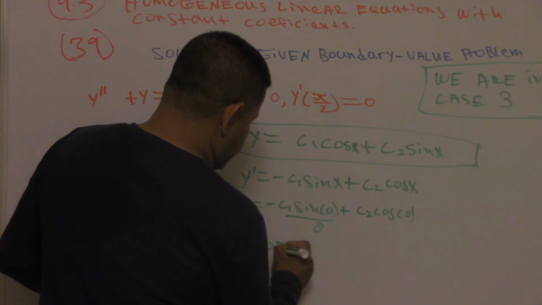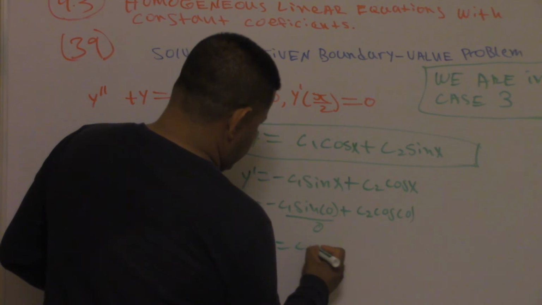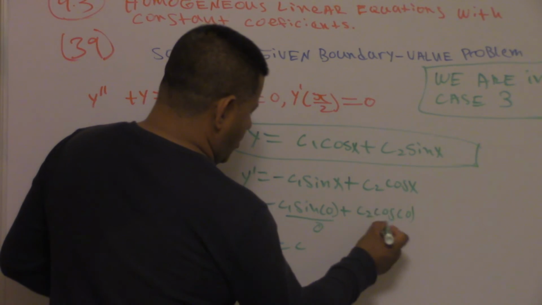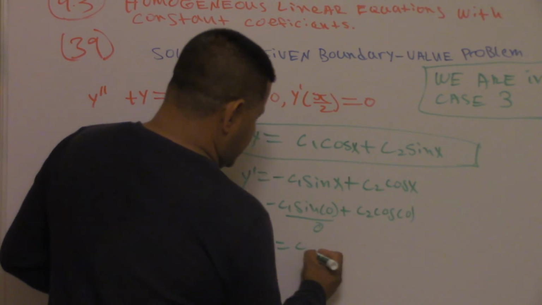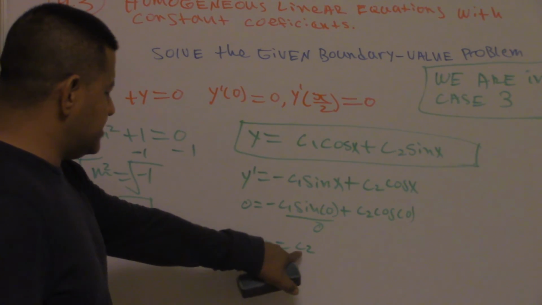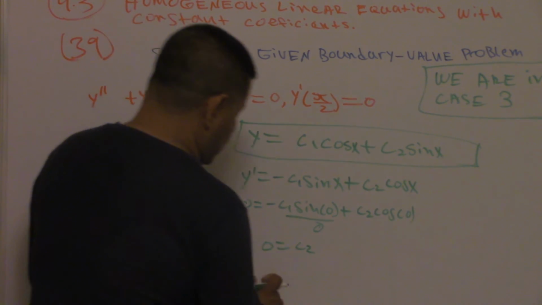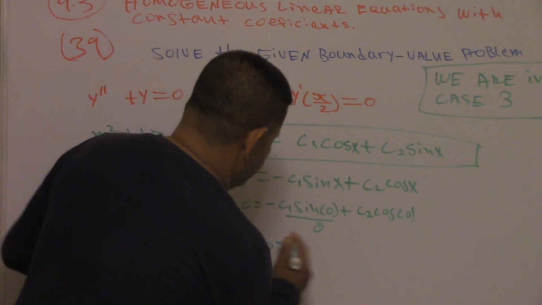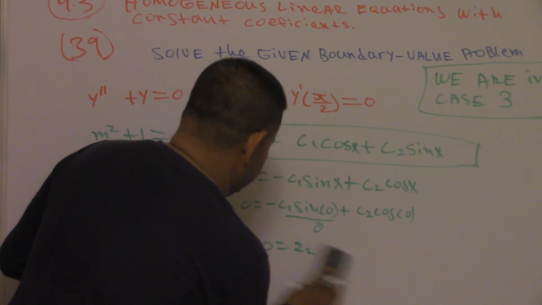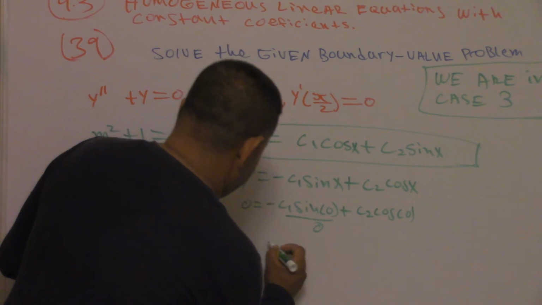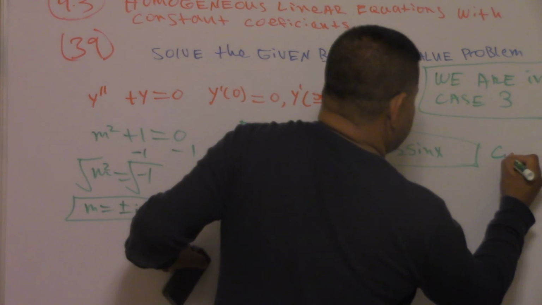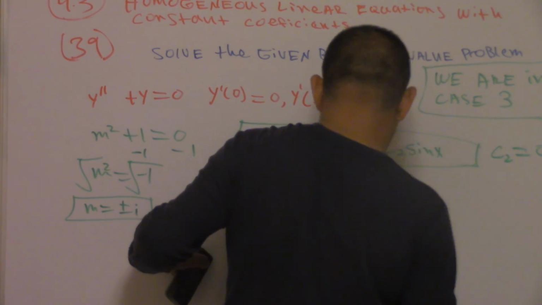So 0 is equal to, and then cosine of 0 is 1, so 1 times c2 is c2. So I get that c2 is equal to 0, okay?